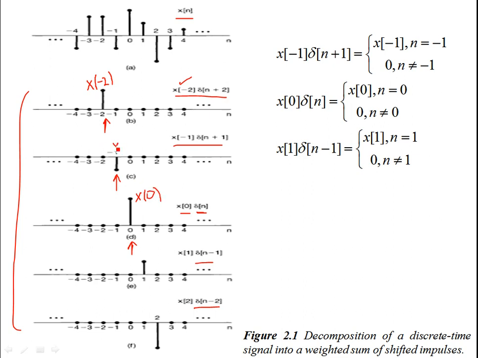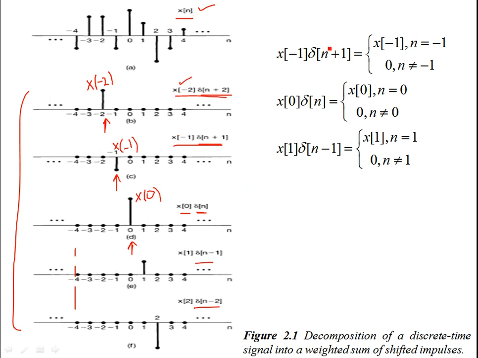Similarly, this is x of minus 1. So we are decomposing this sequence x of n in terms of the unit impulse sequence, where the weights on each unit impulse are the corresponding samples of x of n.